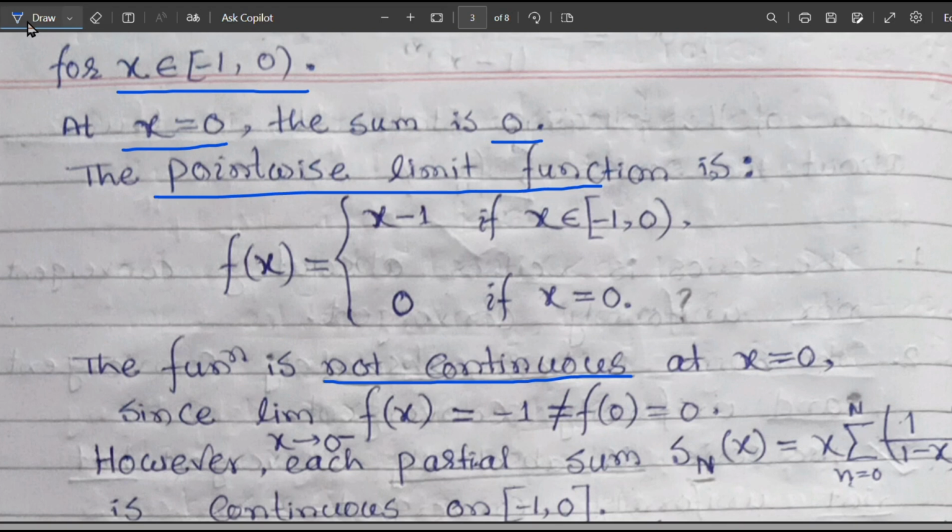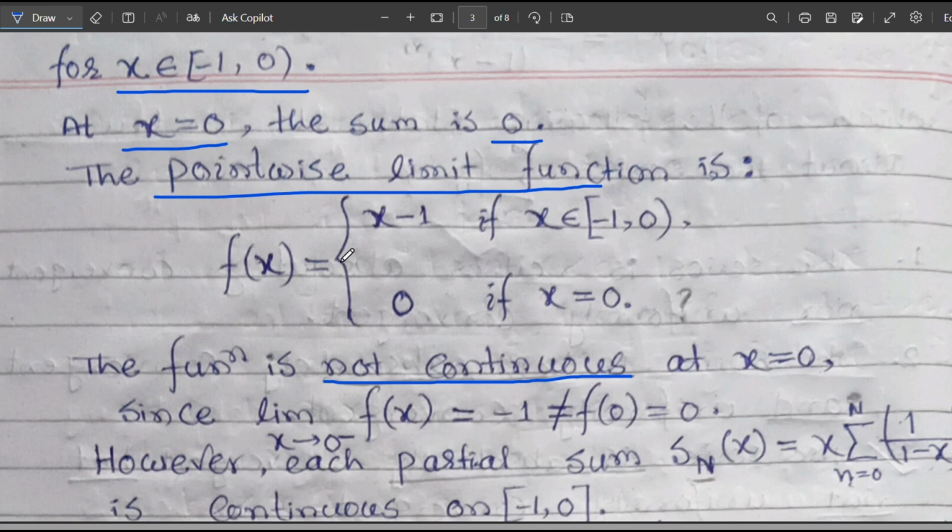If you take the limit of f(x) as x tends to 0 from the left, because the right side is out of the interval, you get x minus 1, and with x being 0, it is 0 minus 1, which is minus 1.